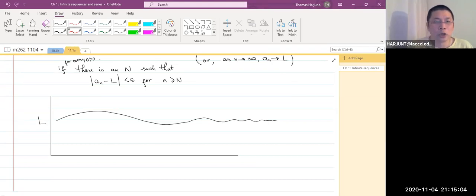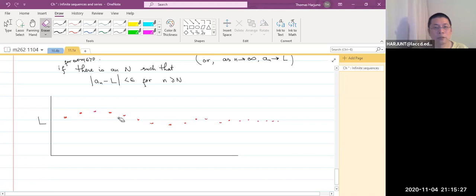Now, your sequence may be moving this way. Imagine if I get rid of this. You see that?